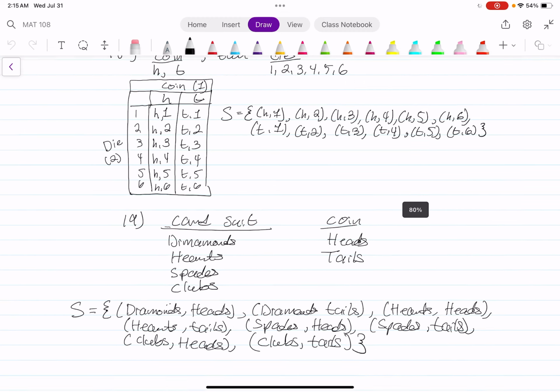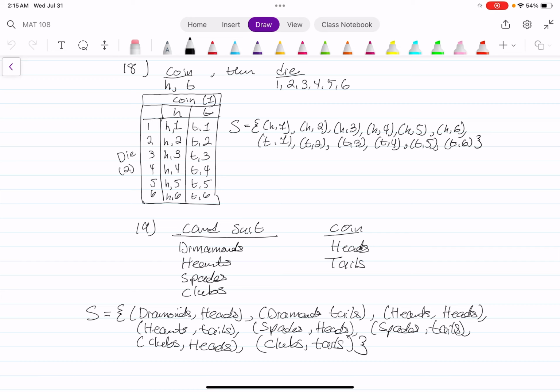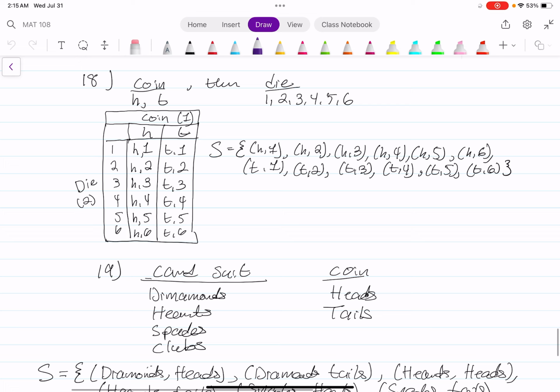Now, for number 18 and 19, there's also a technique that you learned to determine how many possible outcomes you have. That's known as the fundamental counting principle. I know the question says give the sample space, but let's also have a way to verify we have the correct number of outcomes. So a coin has two outcomes, heads and tails.